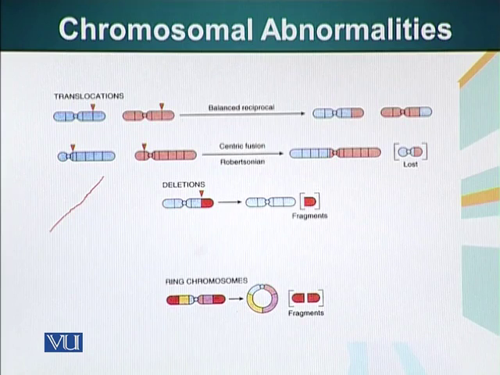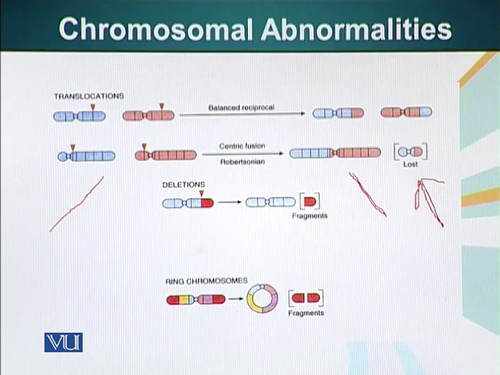If a translocation occurs between acrocentric chromosomes, two types of chromosomes are formed. One is a large chromosome, the other is a small chromosome. Generally, the very tip, or small arm, of the acrocentric chromosome codes for RNA for ribosomes.